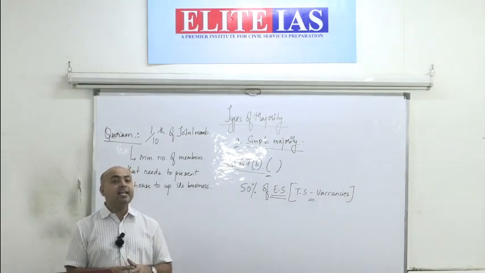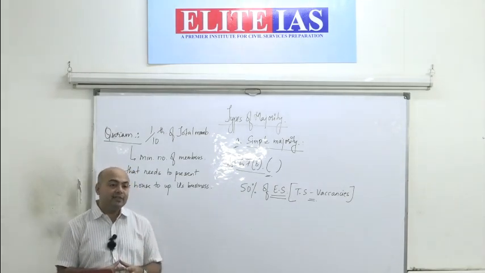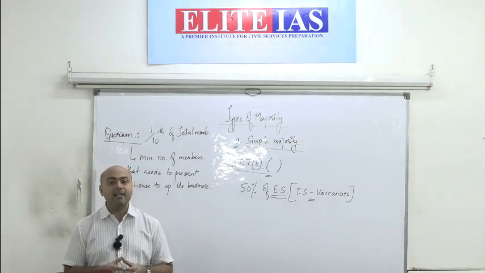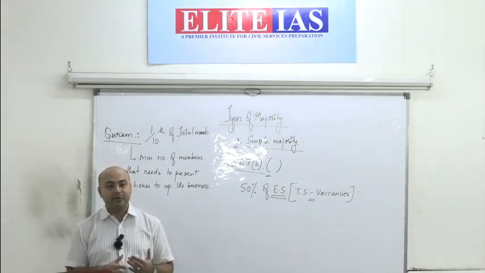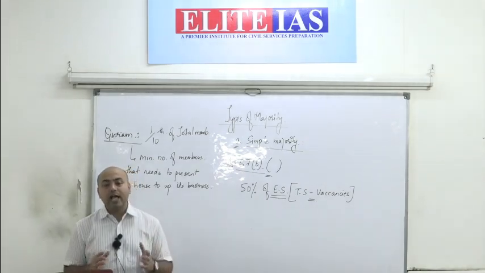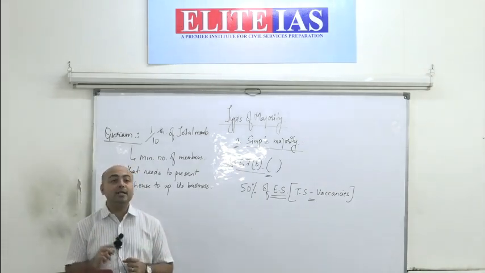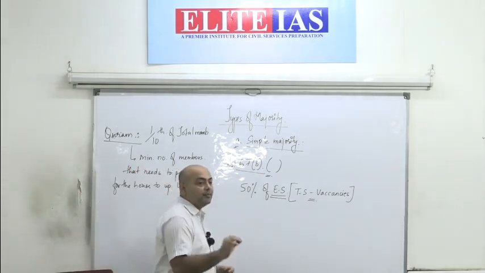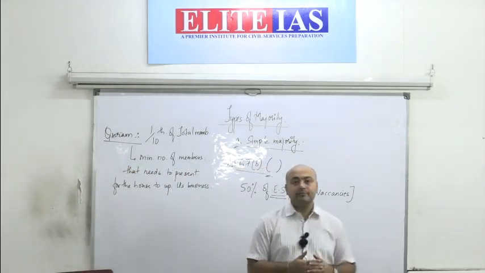Clear? In his absence, there is an individual who is elected from the Rajya Sabha who acts as the presiding officer when the vice president is not present in the house. That individual is called the deputy chairman of the Rajya Sabha.